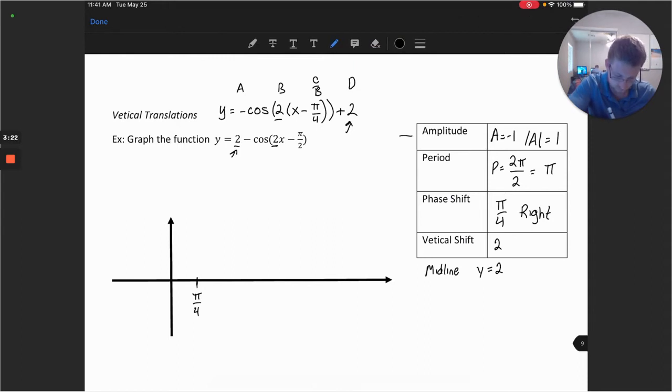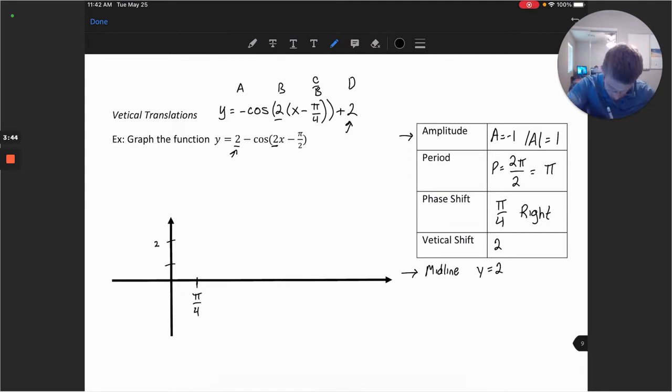So I know I have an amplitude of 1. That's going to be helpful. And I have a new midline at y equals 2. So I'm going to place a dotted line here on my new midline. So y equals 2, we'll have 1 and 2. We'll call this 2 right here.